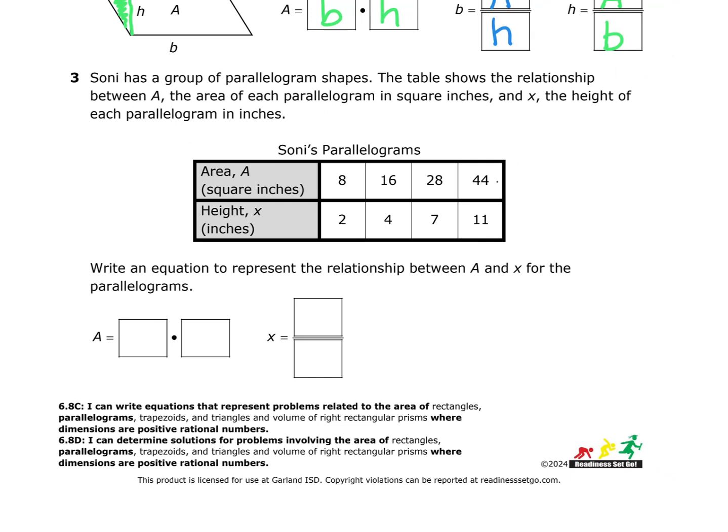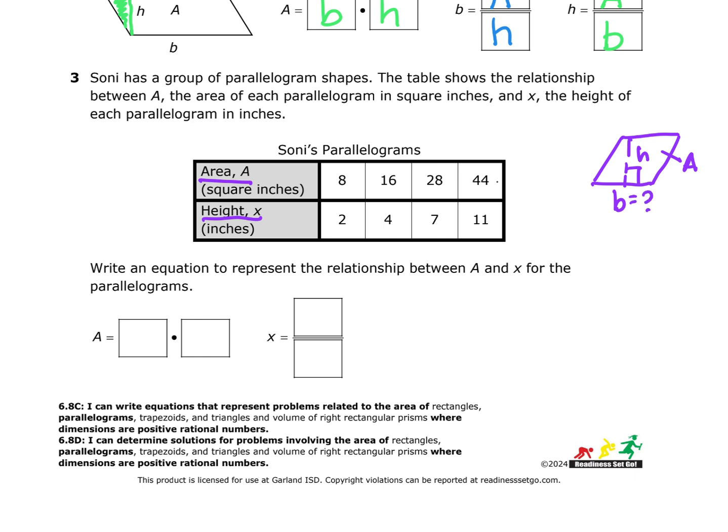Sunny has a group of parallelogram shapes. The table shows the relationship between A, the area of each parallelogram in square inches, and x, the height of each parallelogram in inches. If I had a picture, it's giving me the height, and I'm also given the total area, but I don't know what my base is.